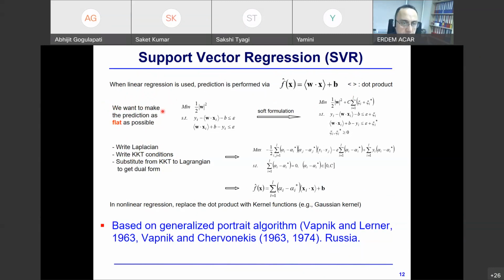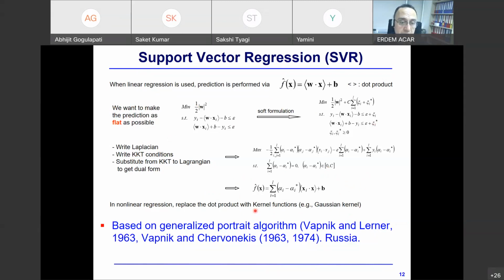It means we are solving this optimization problem over here. If we do some soft formulation, write the Lagrangian, write the KKT conditions, substitute KKT into the Lagrangian and solve the optimization problem, we have this support vector regression mathematical function.